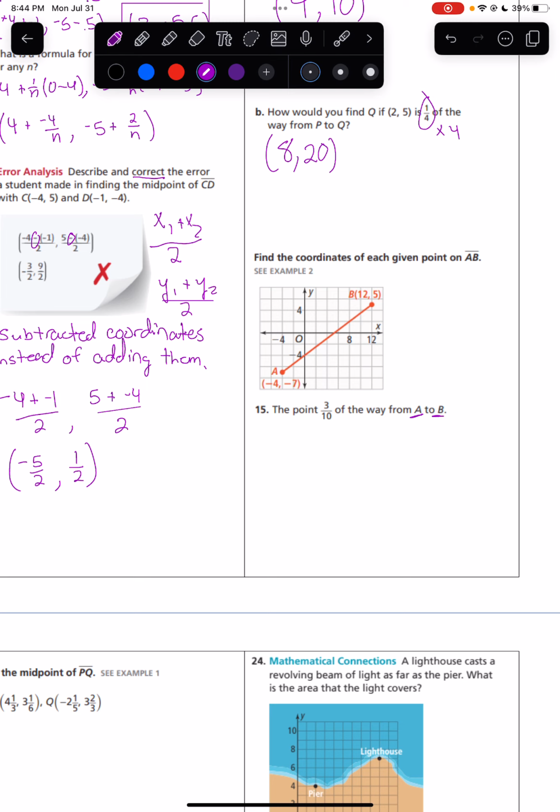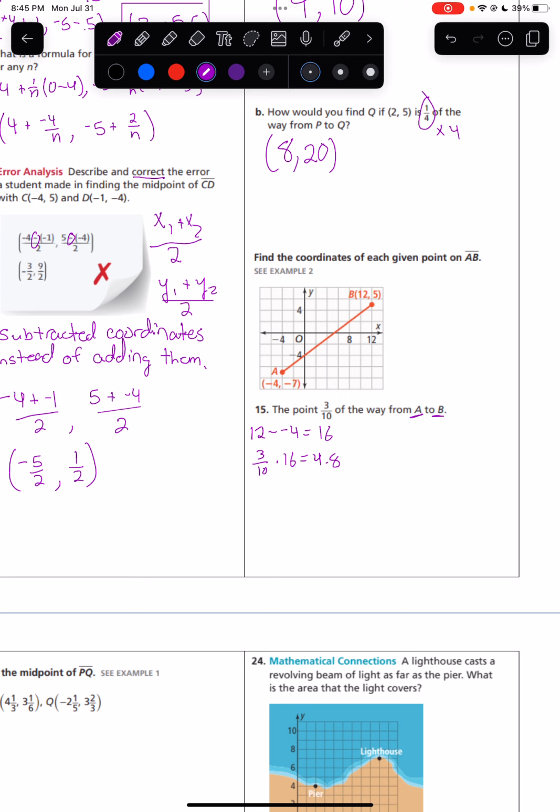So we'll take the x-coordinate of B, 12, minus the x-coordinate of A, negative 4, right? And that's positive 16. We want 3/10 of that. 3/10 of 16 equals 4.8. Then we do the same thing with the y-coordinates.